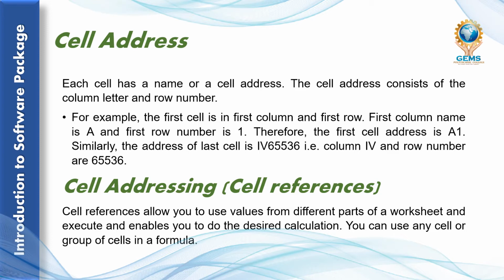The first column name is A and the first row number is 1. Already we have seen that in the image. Therefore, the first cell address is A1. Similarly, the last cell address is column IV and row 65536. That is column IV and row number 65536.